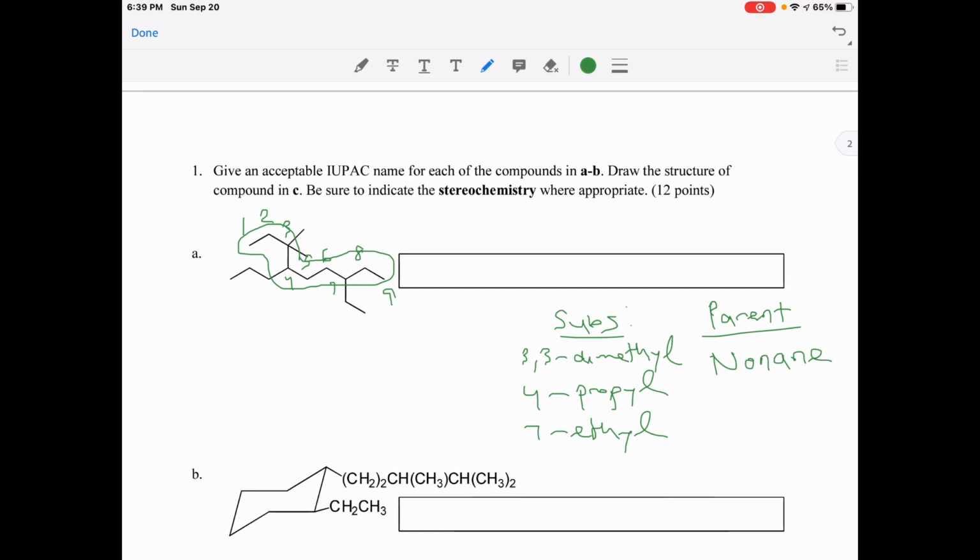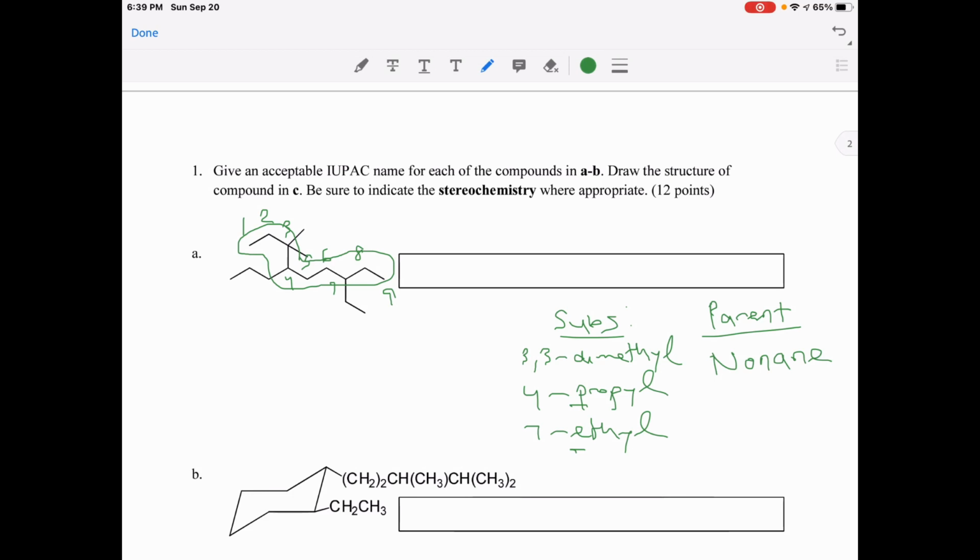Now that we have these 3 substituents and the parent listed out, we're almost there. We can almost list out the name, but we need to find out what order we're going to mention these substituents in. In order to do that, we have to find the alphabetical order in which we can properly list these. When we look at the first letter of each of these substituents, there is an E, there is a P, but it would be tempting to choose D as your first letter to look at.